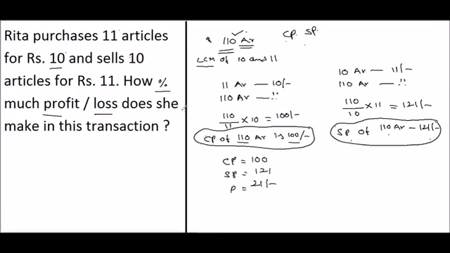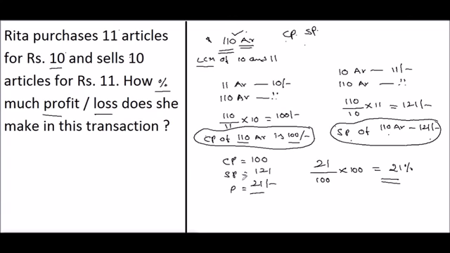Now, since they ask us to find out the profit or loss percentage, since selling price is more than cost price, I found this to be a profit of 21 rupees. Now, to show that in terms of the percentage, obviously net profit divided by cost price into 100. Obviously, I got a 21% profit in this transaction.